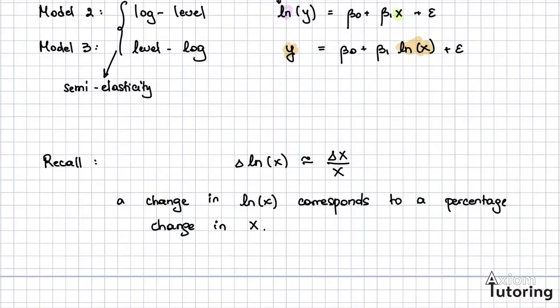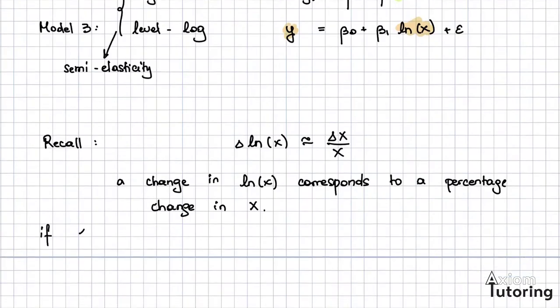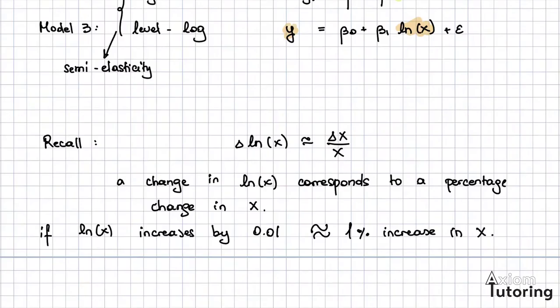Which means if ln of x increases by 0.01, that's approximately a 1% increase in x.